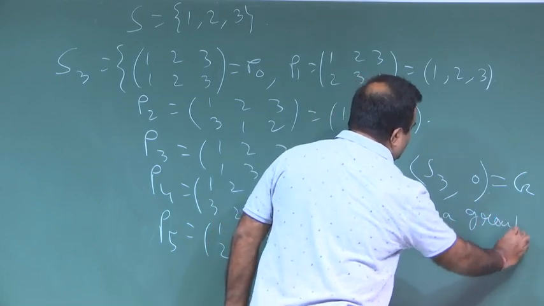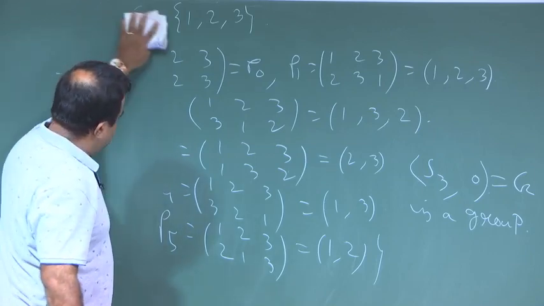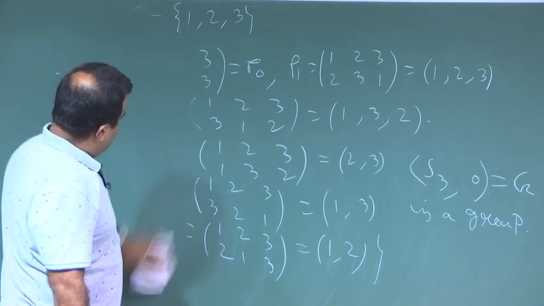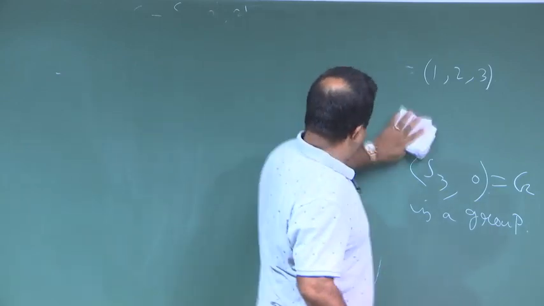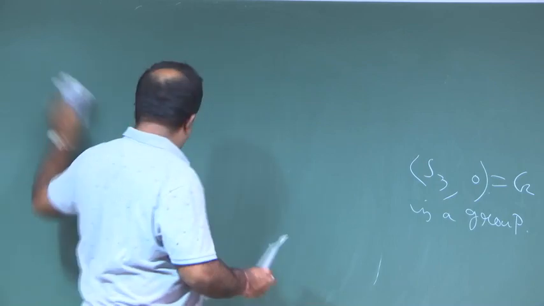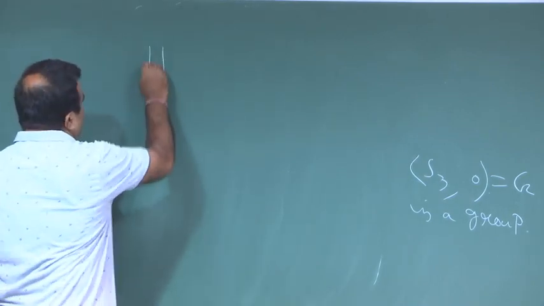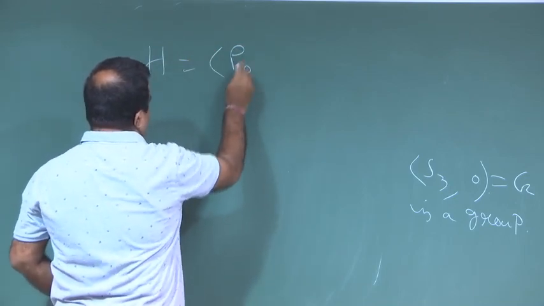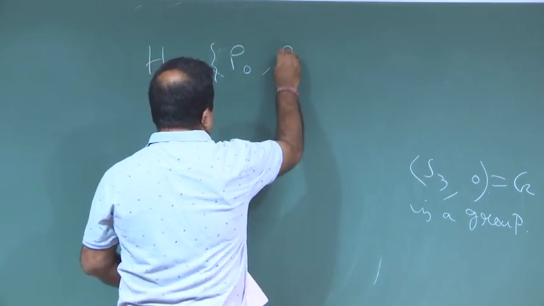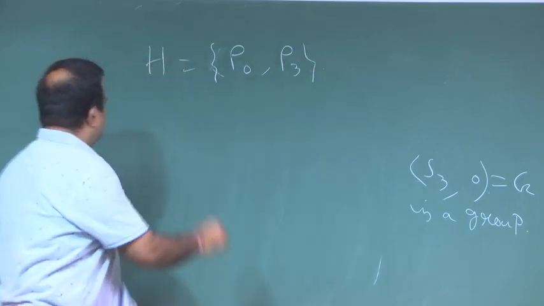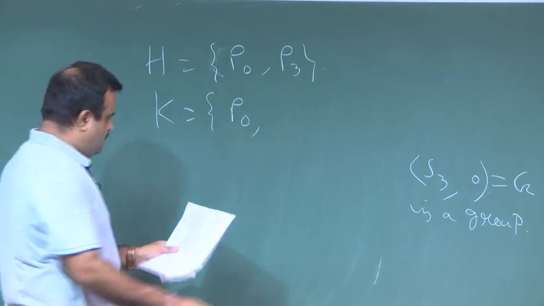Now, we want to take two subgroups of this, H and K. So, you can just erase this part. Now we know P0 to P5. Now, if you take H to be, say, P0 and P3, and K to be P0 and, say, P4.